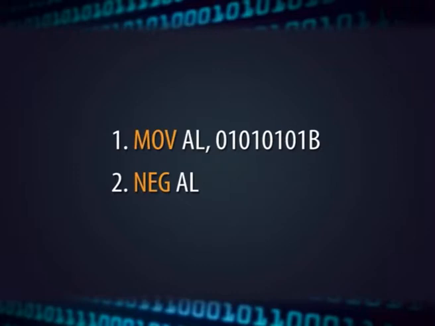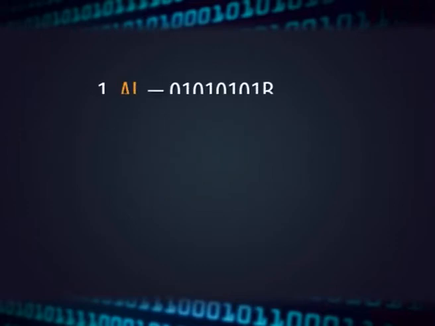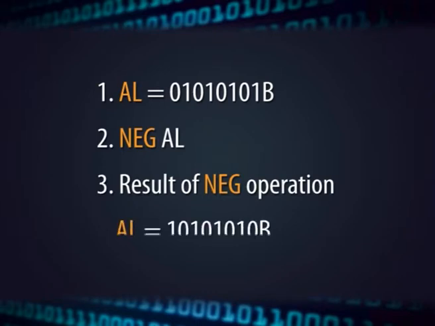For example, assume the following instruction sequence: MOV AL, initialize the register AL with a specified binary value, and then we execute the instruction NOT AL. The first instruction initializes the register AL with the contents as shown, and then when the instruction is executed, it complements all the bits of the register AL, and the final result is as shown.